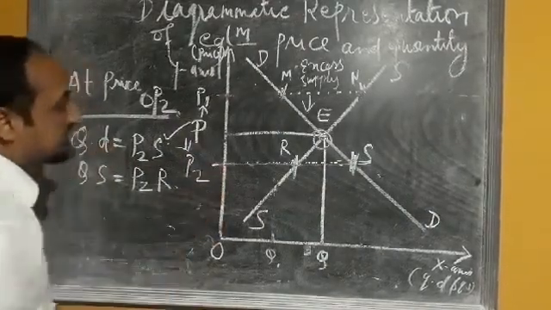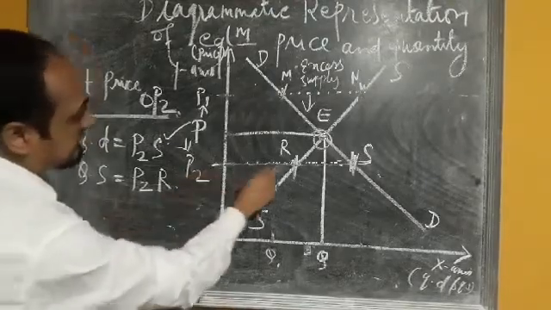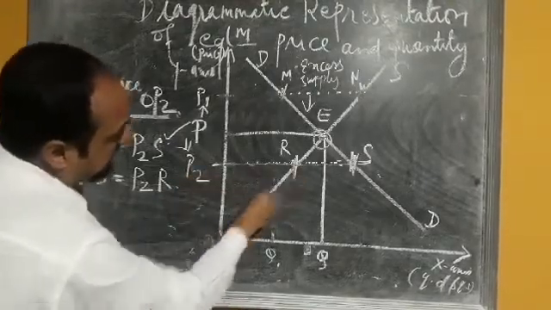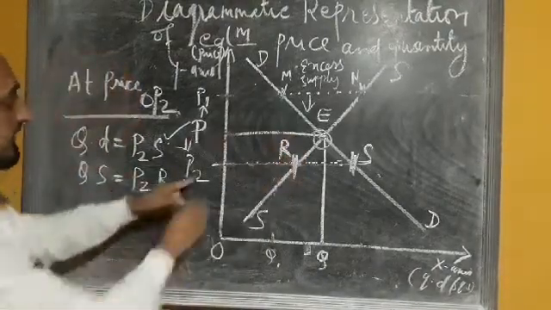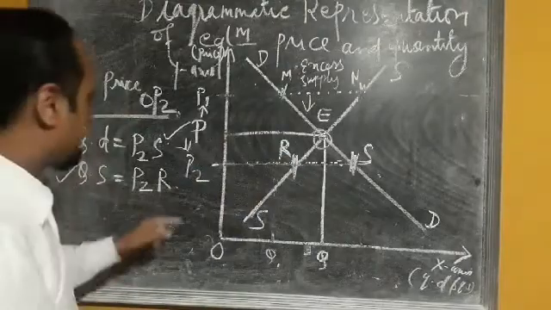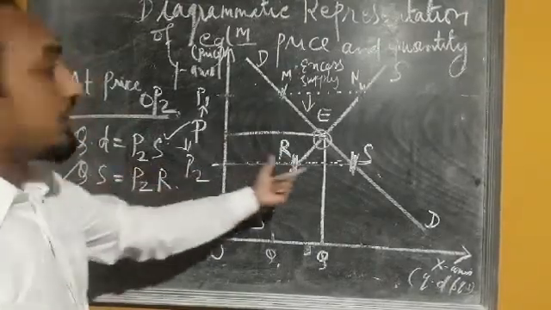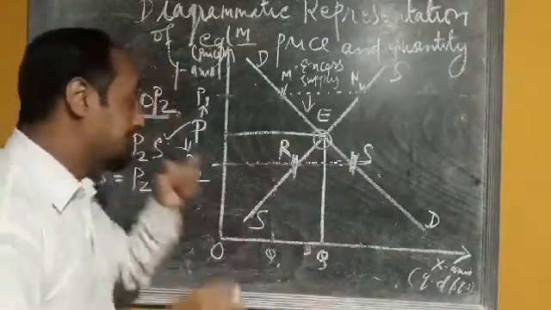Again, if we see the quantity supply, this line is intersecting the supply curve, this is our supply curve, at point R. That means P to R is our quantity supply. Now you have to compare whether the quantity demand is greater or the quantity supply is greater.